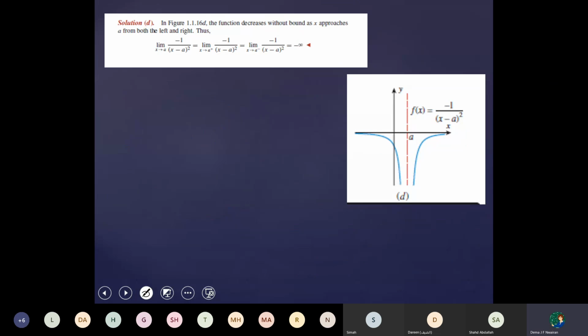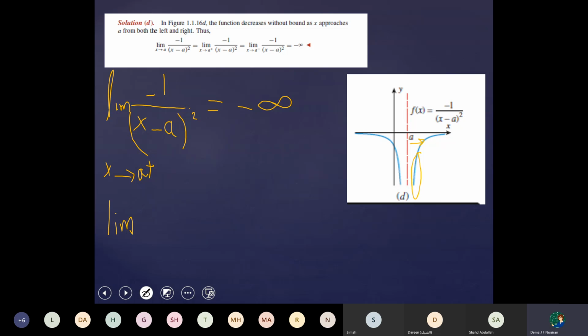Let's now do figure number D. In D, if you have the limit of negative 1 over x minus a squared when x approaches a from the right, look here at the right, what's the value of y? It goes to the negative y-axis, so the answer is negative infinity.